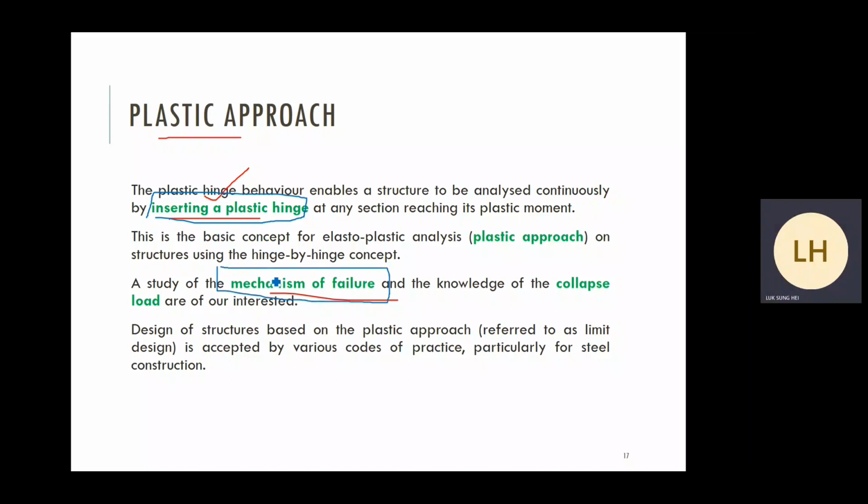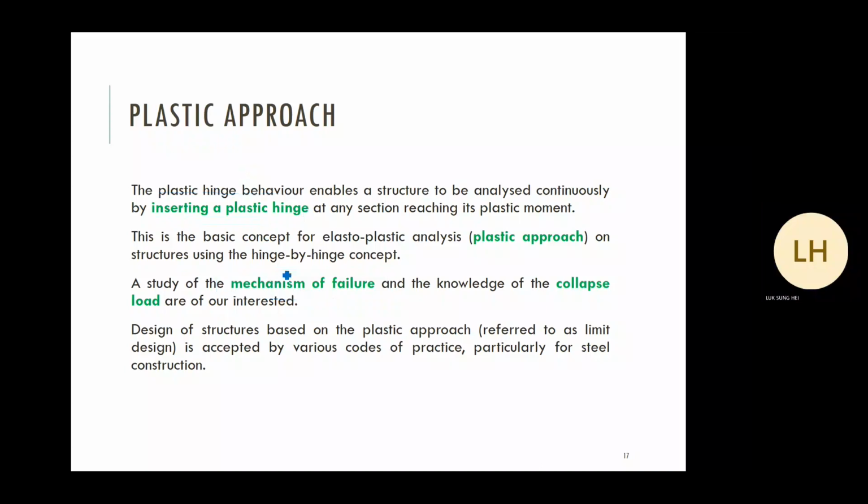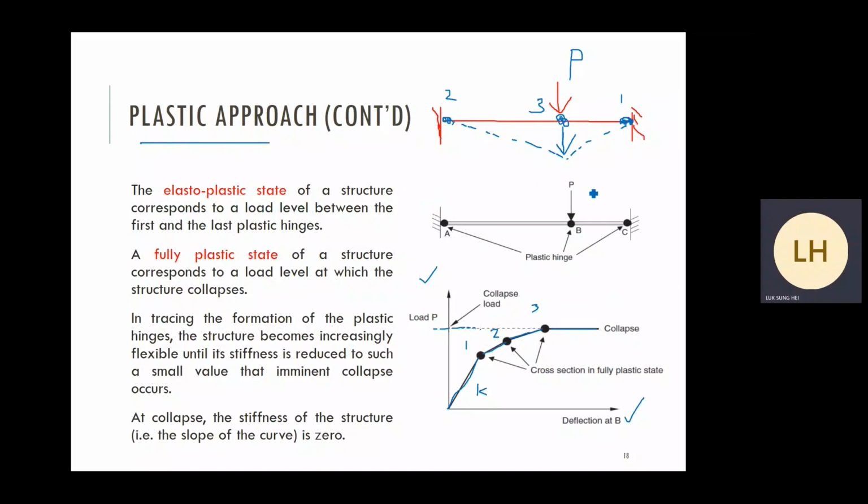At collapse, we call that a mechanism. Find out the failure mechanism of the member or the structures. Based on these failure configurations, you can backward evaluate the collapse load. How much force is required to make the structure fail in these particular conditions. This is the so-called plastic analysis.